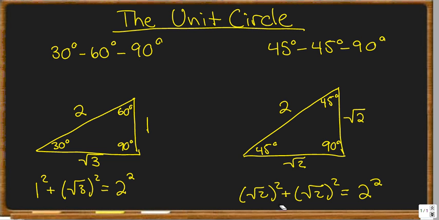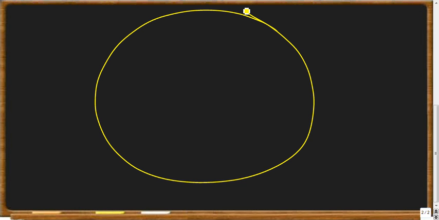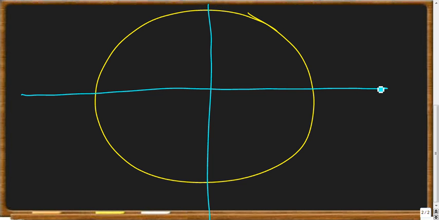Okay, so let's move on and actually build our unit circle real quick. We have a big circle, and the important part here is that you're looking at this as if it's centered on the origin. This is your x.